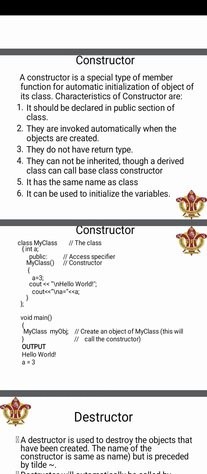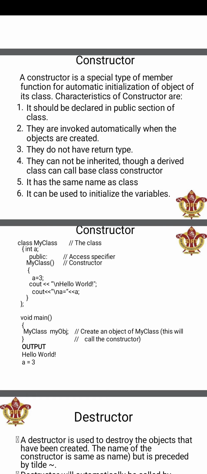First purpose is whatever objects we are creating at runtime while running the program, the object memory is being created by the constructor. First work is to provide the memory to the objects which we are creating while running the program. And second purpose of the constructor is to initialize the variables of the objects.